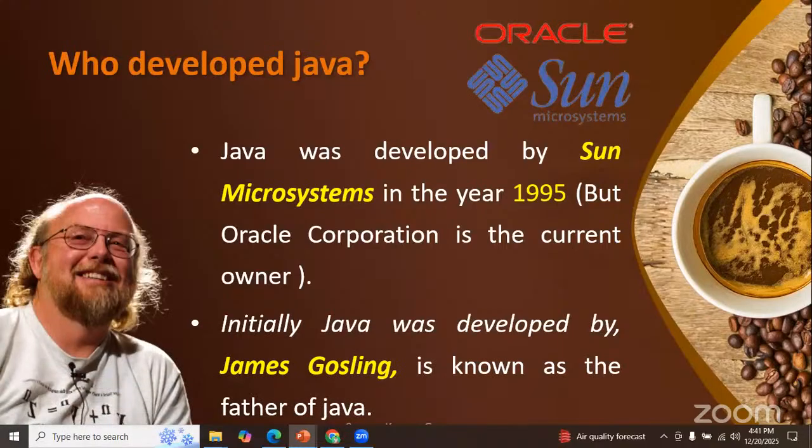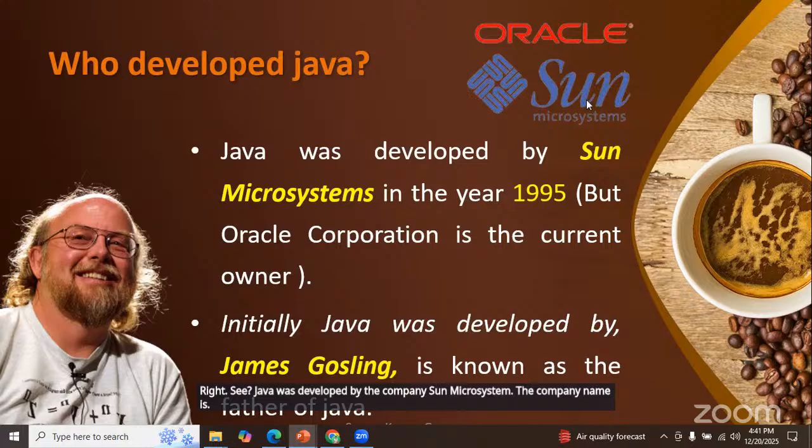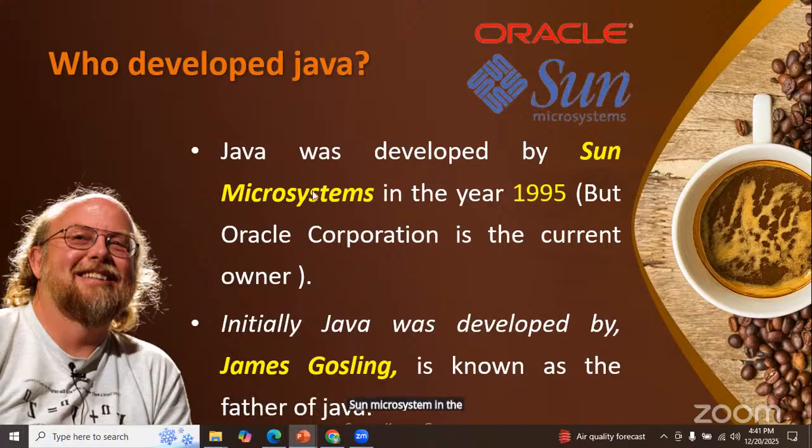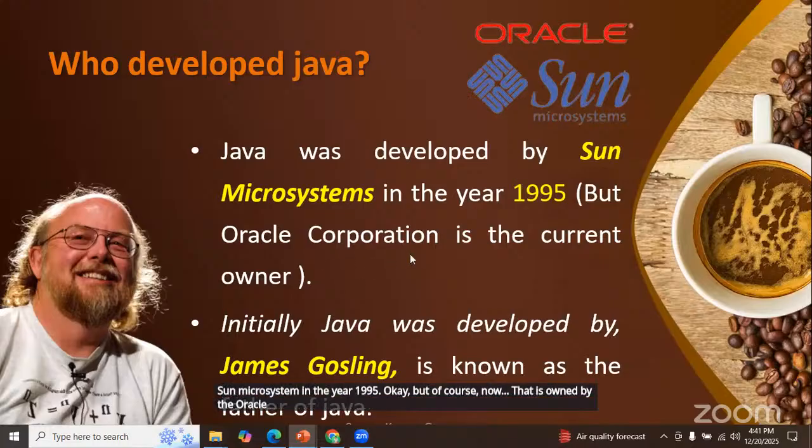See, Java was developed by the company Sun Microsystem in the year 1995. Okay, but of course now that is owned by the Oracle Corporation. But initially the language was developed by the company Sun Microsystem.